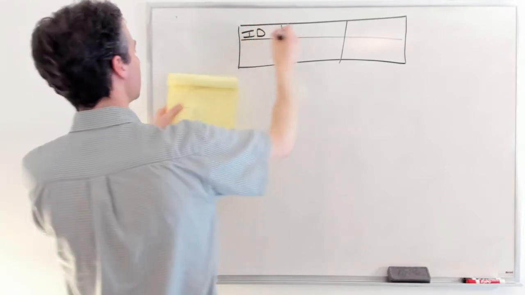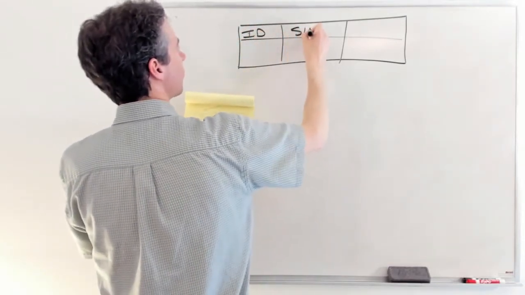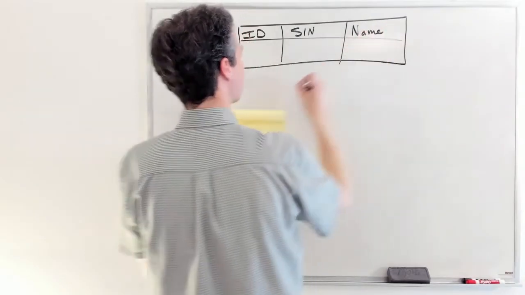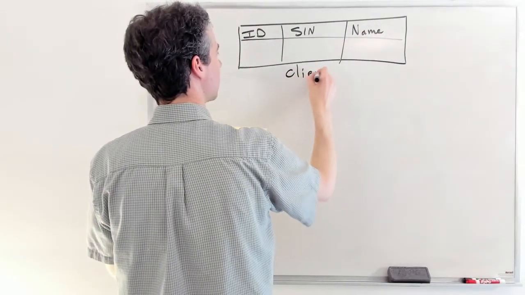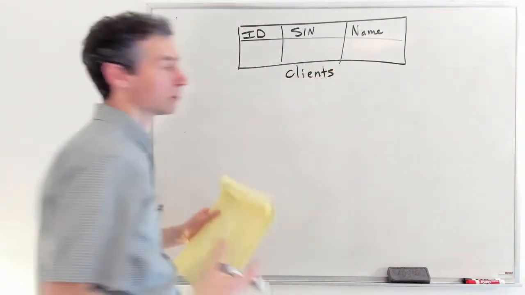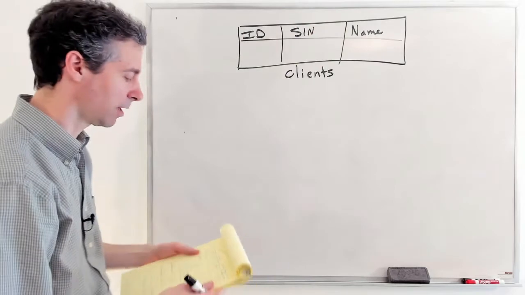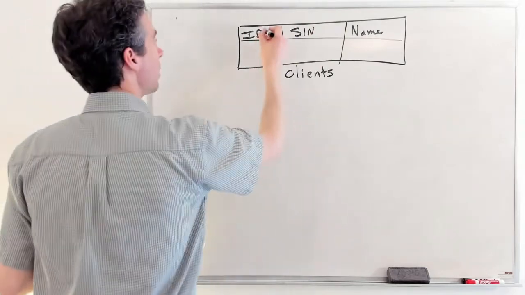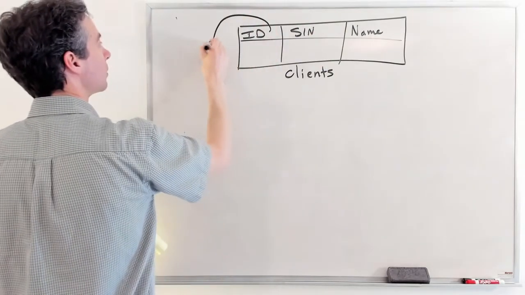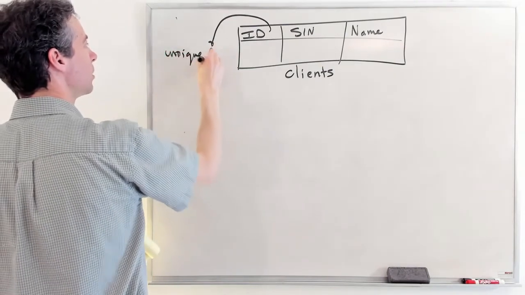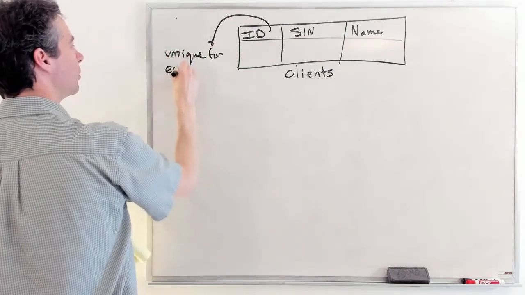We have an ID column. We store their SIN. We also store the client's name. So this is the clients table or the clients relation. These are the columns. All right. Now, let's say our ID happens to be something that we've designed so that it's unique for each client.